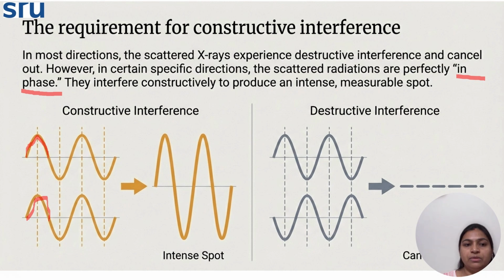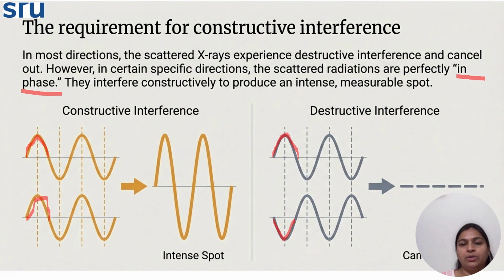When they are superimposed, they produce constructive interference. In the case of destructive interference, this part is on the positive side, however this one is on the negative side, so they are in opposite phase. When they superimpose, they produce destructive interference.